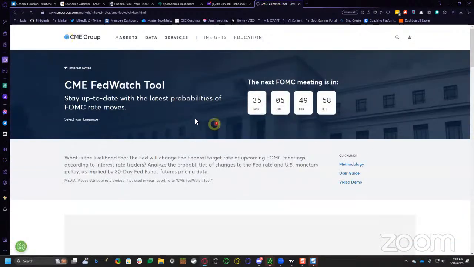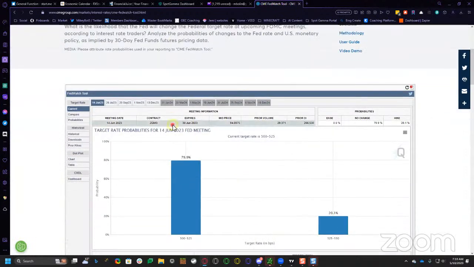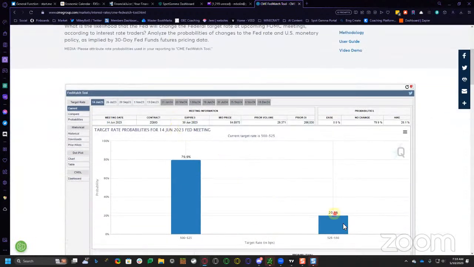And what we're looking for in this data print today is, will it now change this 20% number? Because we have an 80% chance that the Fed is going to pause for June. If they start pricing in another 25 basis points, the market's going to go down.